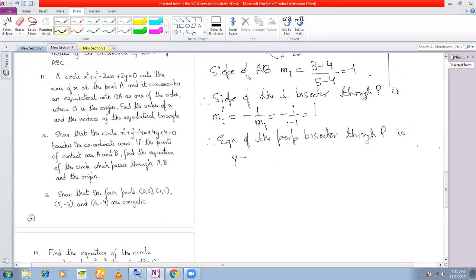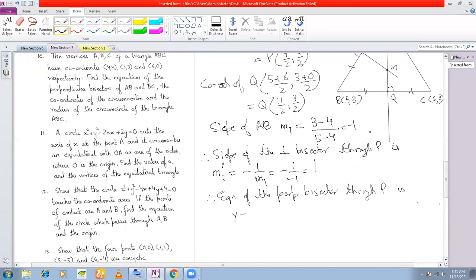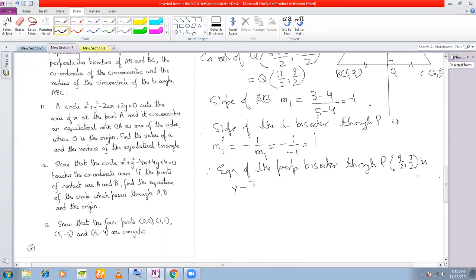So y minus y1. Let's write the coordinates of P here so that we know what is x1 and y1. The coordinates of P are 9 by 2, 7 by 2. So y minus y1, where y1 here is 7 by 2, is equal to m1 dashed, which is the slope, into x minus x1, where x1 here is 9 by 2.